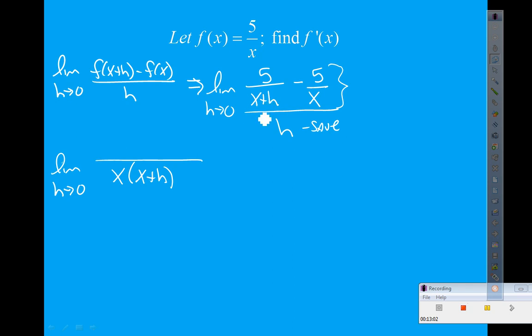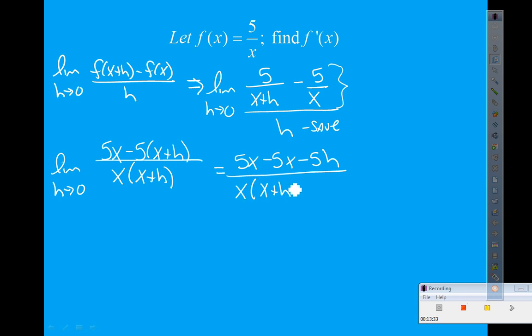To go from this denominator to this denominator, I'm missing the x, so I got 5x. And to go from this x to this x times x plus h, I'm missing the x plus h, so I got minus 5 times x plus h. Remember, I haven't done anything with that h yet. So this really becomes 5x minus 5x minus 5h all over x times x plus h.